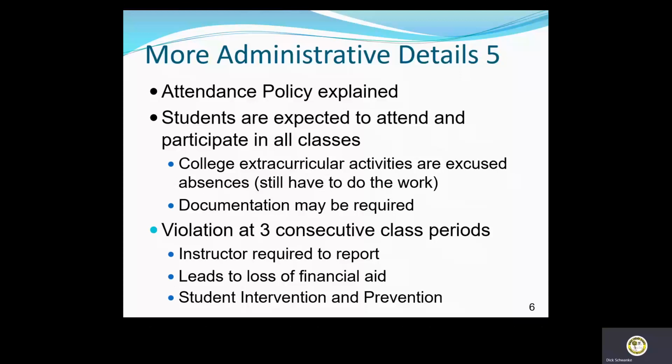It also says that extracurricular activities, sports teams for example, are excused absences, but back on my definition of an excused absence, I need to know about it ahead of time. What the college requires the instructor to do, however, is if a student misses 3 consecutive class periods, that has to be reported via ALNet. And what that can lead to is the loss of your financial aid.